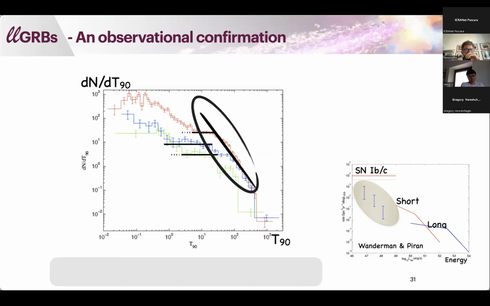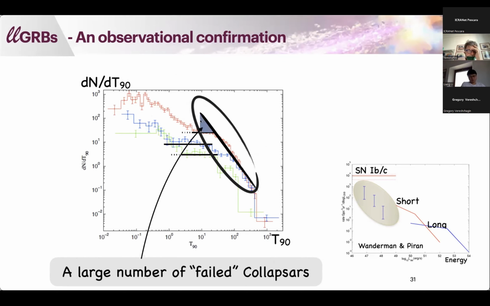Now, there is something interesting here, and the interesting thing is that if you look at this extrapolation of the long duration phase, you see that I can extrapolate it down here. And this extrapolation suggests that there is a large number of failed collapsars, of jets which are produced and do not manage to get out of the star.